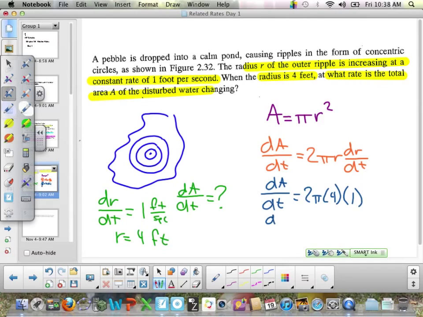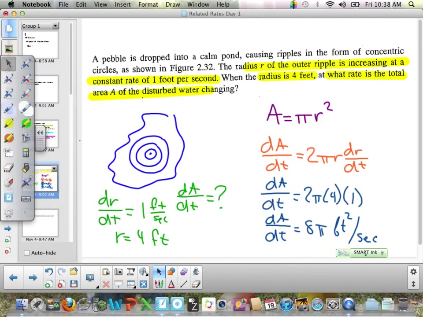So the change in area with respect to time is 8 pi square feet per second. All right, that is a related rates problem.